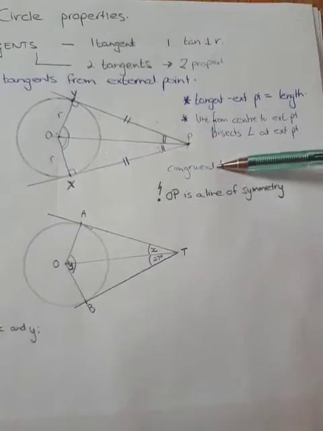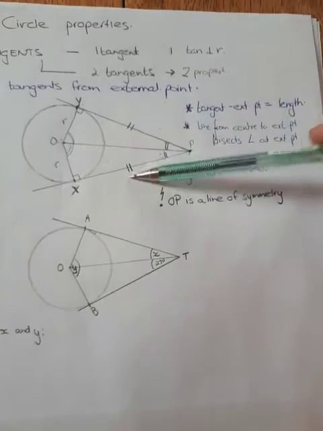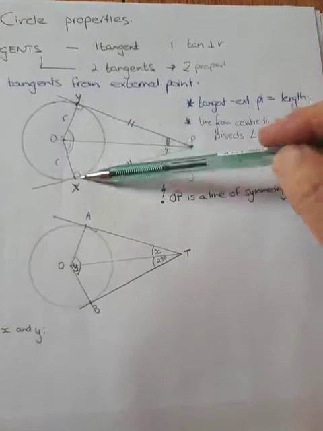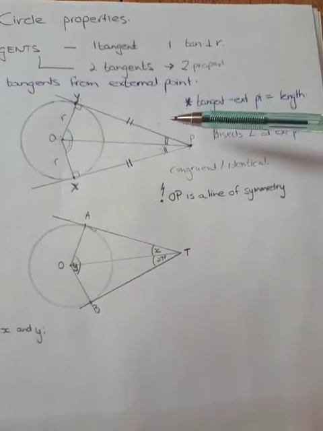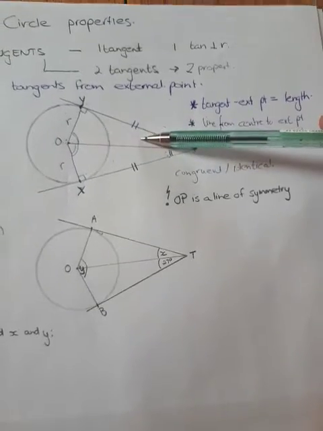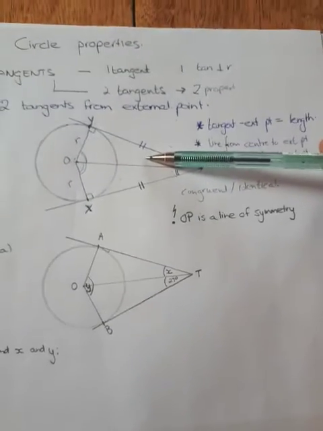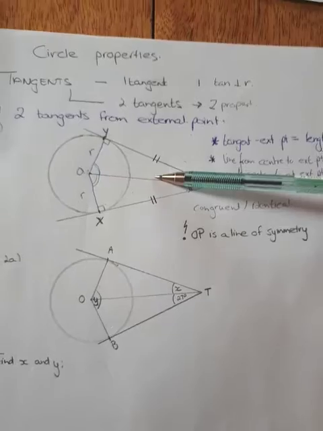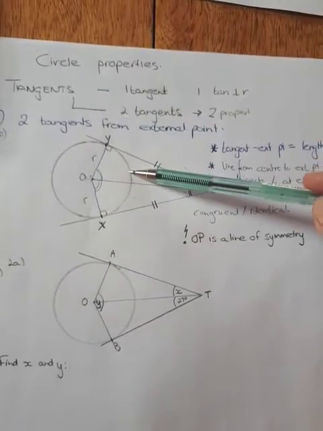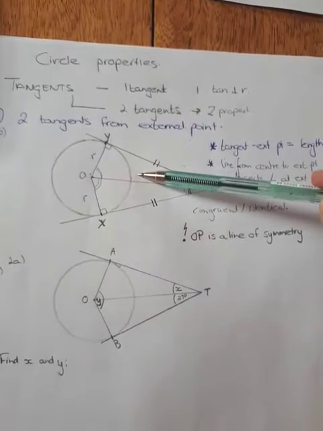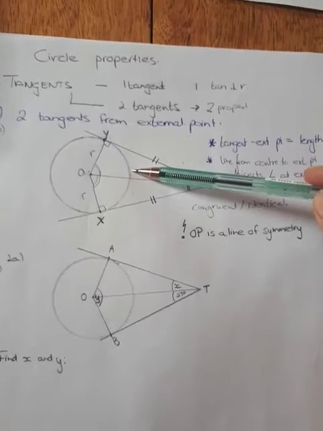And if we have congruent triangles, then their side lengths are equal as well as their angles. So this is really important for you to remember because it makes the calculations with two tangents to a circumference much easier.